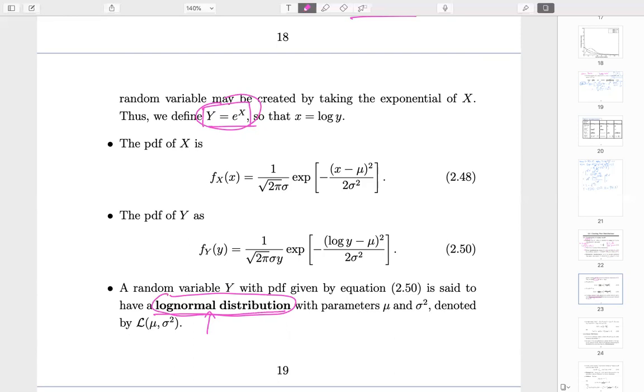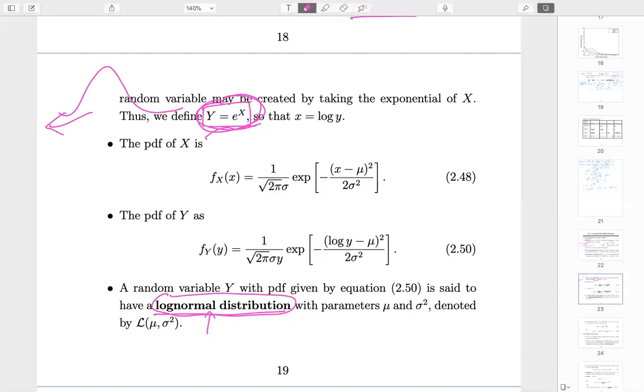But later on, people didn't like the normal distribution, because if you apply a normal distribution, there's always a chance that something gets negative, right? If you don't like it, you can apply the exponential transform to convert it into positive values.